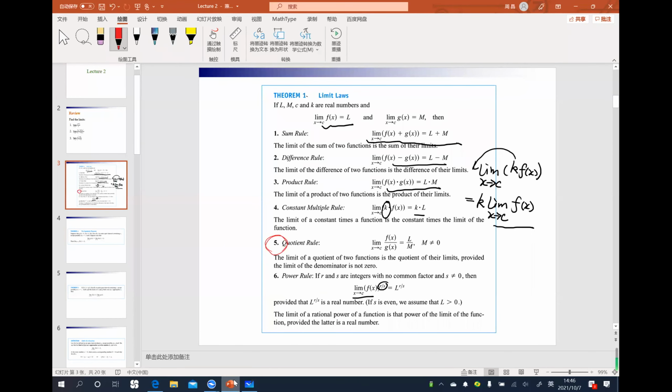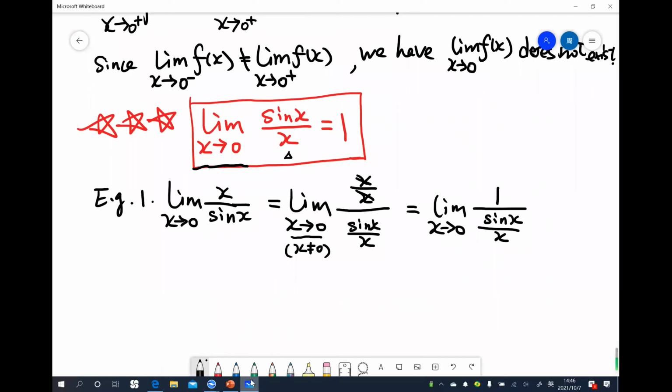So we can use this law, that equals the limit as x approaches 0 of 1, by the limit as x approaches 0 of sine x by x. So for these two steps, can you understand?